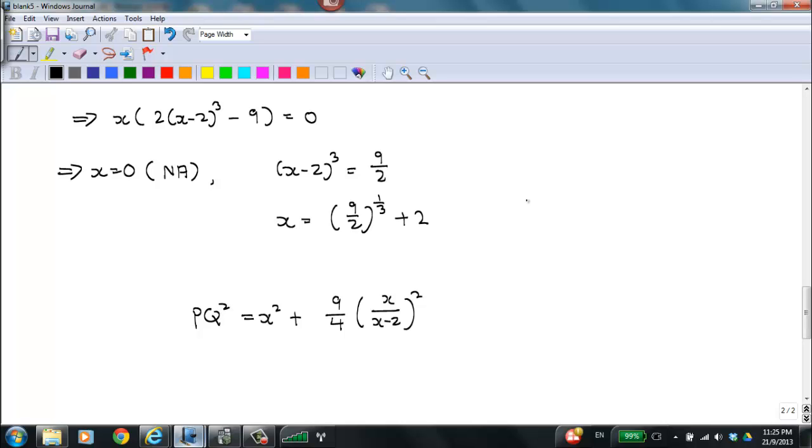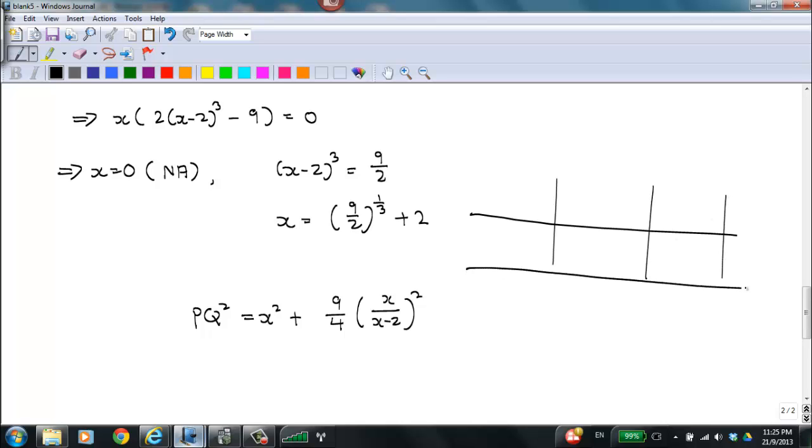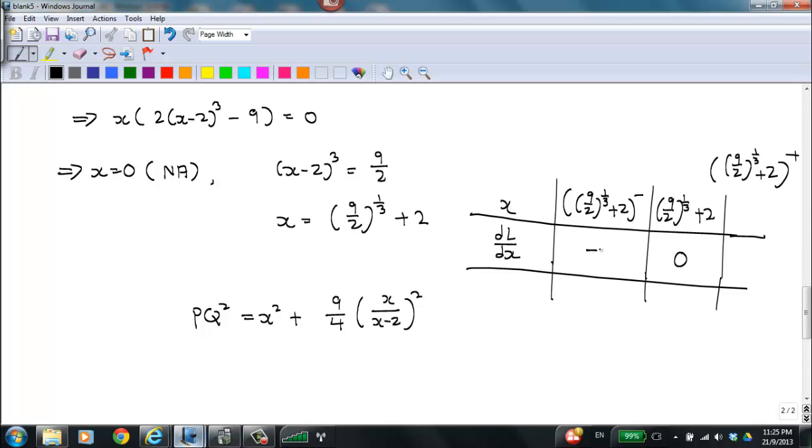But before we do that, we have to do a check for this value of x, which is (9 over 2) to the 1/3 plus 2. For a value a bit less than the cube root of 9 over 2 plus 2, and a bit more than it, your dL/dx will be 0, negative, positive.